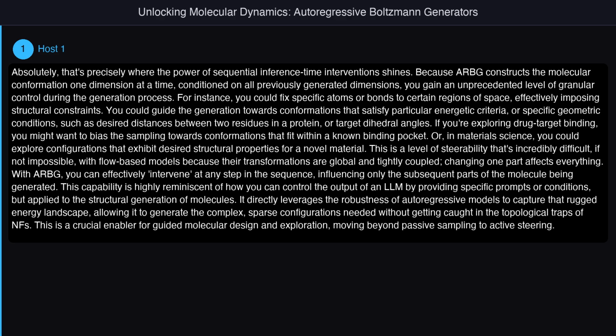It directly leverages the robustness of autoregressive models to capture that rugged energy landscape, allowing it to generate the complex, sparse configurations needed without getting caught in the topological traps of NFs. This is a crucial enabler for guided molecular design and exploration, moving beyond passive sampling to active steering.